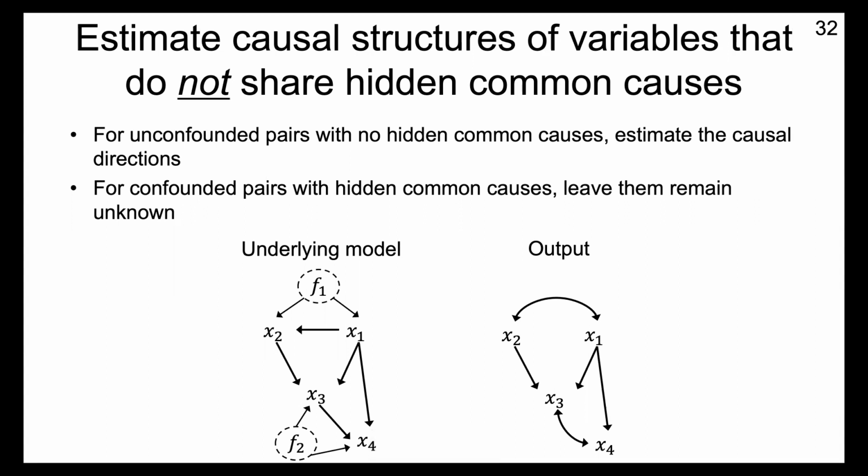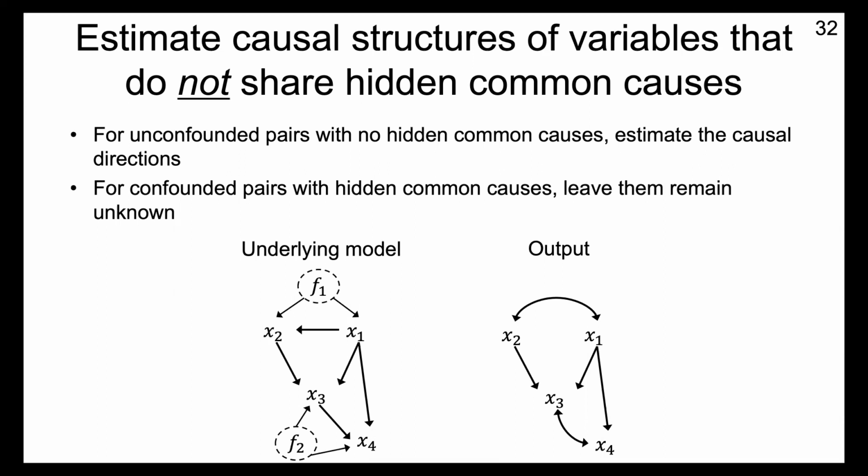If we use ordinary LiNGAM, the result will be distorted because ordinary LiNGAM does not allow hidden common causes. So the first step is to find the variable pairs that do not have hidden common causes, and also those that do have hidden common causes.